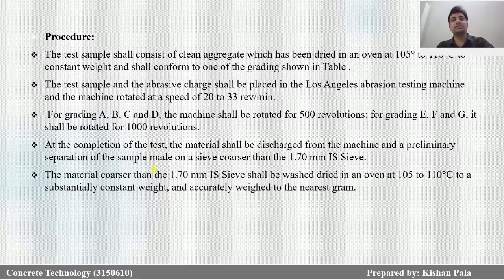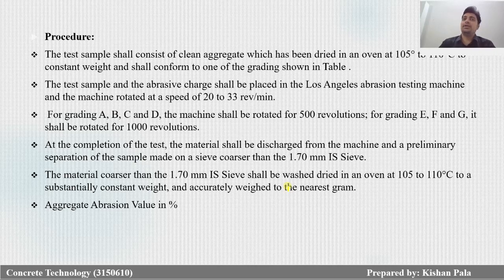The material coarser than the 1.7 mm IS sieve shall be washed and dried in an oven at 105 to 110 degrees Celsius to a constant weight and accurately weighed to the nearest gram.